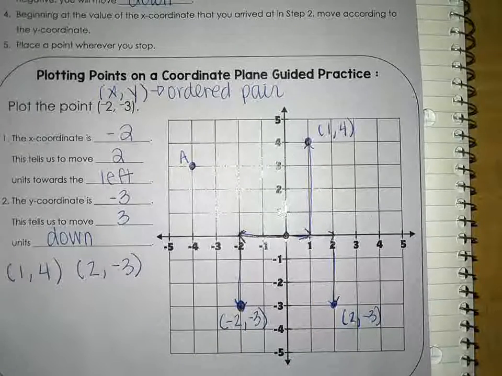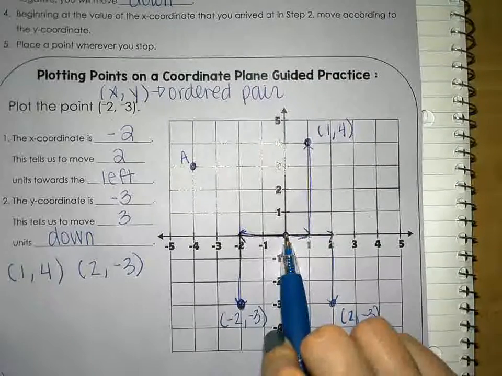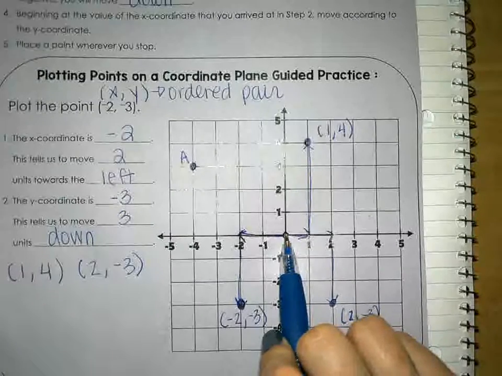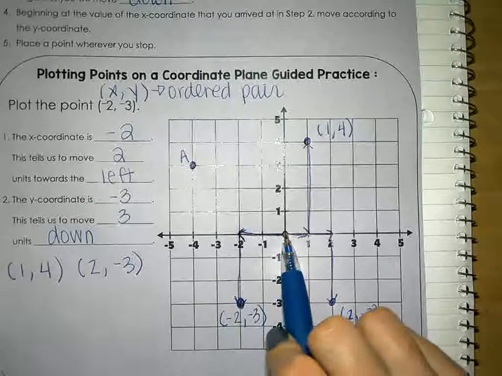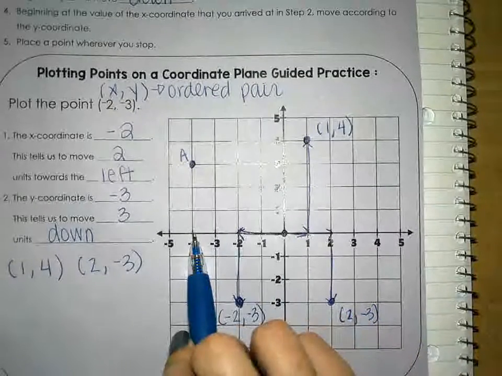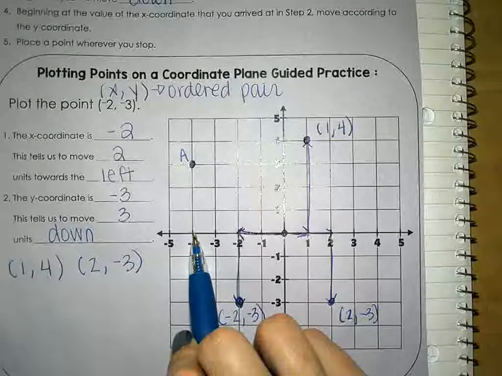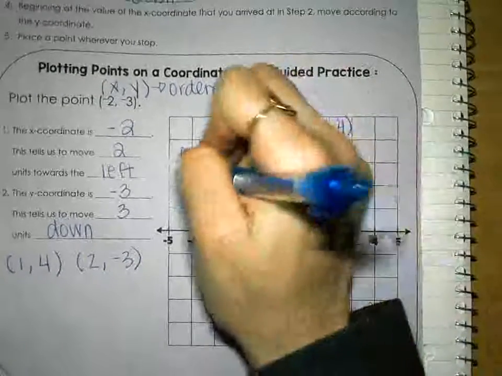So what's my starting point, everyone? The origin. What direction do I go first? Do I go side to side, left or right, or do I go up or down? Left. And how many left am I going? 4. So what should the first number be inside my parentheses? Negative 4. Good.